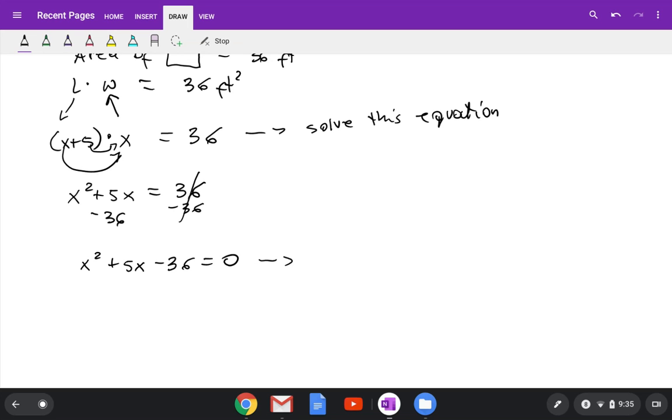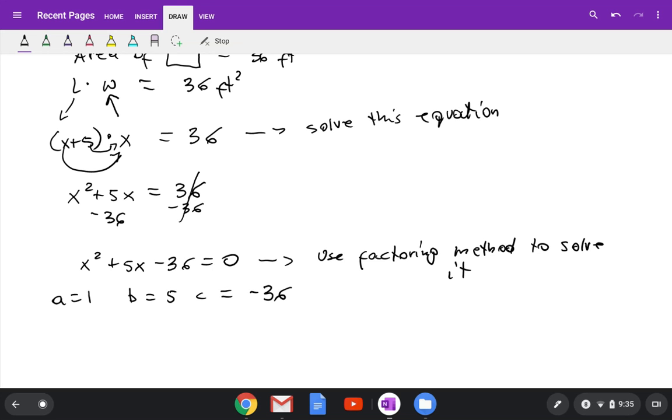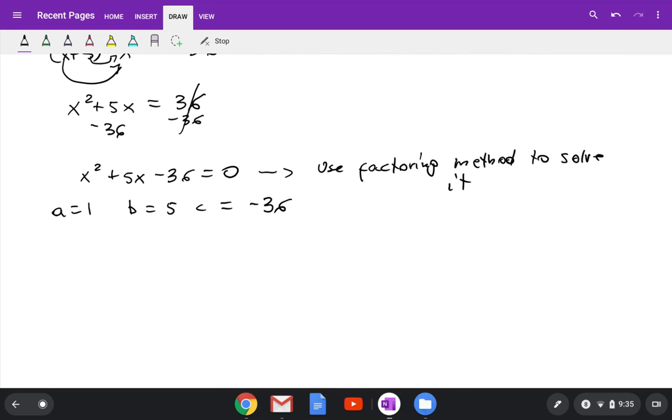To solve it, use the factoring method. I'm going to factor using the AC method. A is equal to 1, B is equal to 5, C is equal to negative 36. I'll put AC because that's the one which we use in this class.